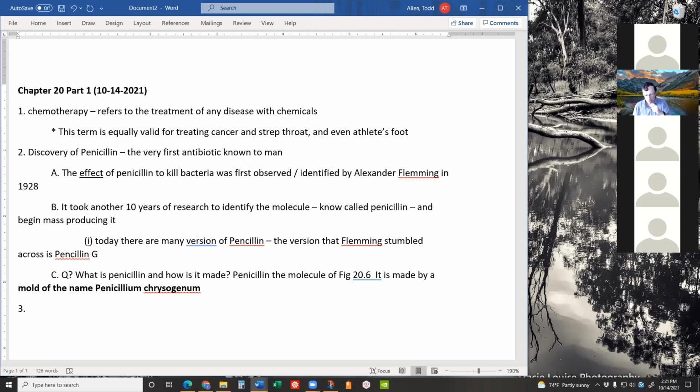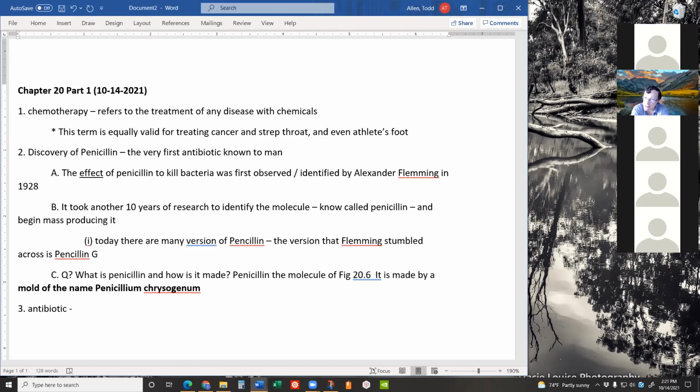All right. So let's talk about what an antibiotic is. Okay, antibiotic. Literally, think about it. The prefix anti means against. And the ending of the term biotic refers to life.